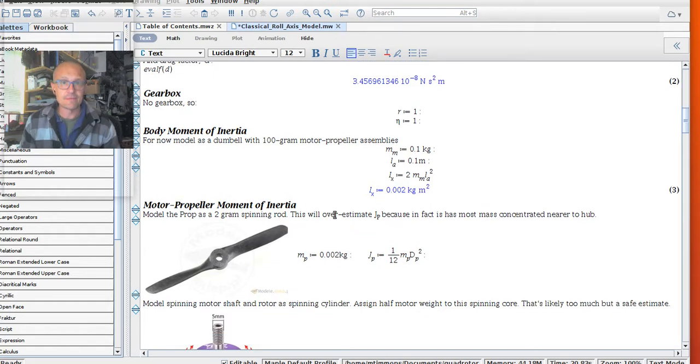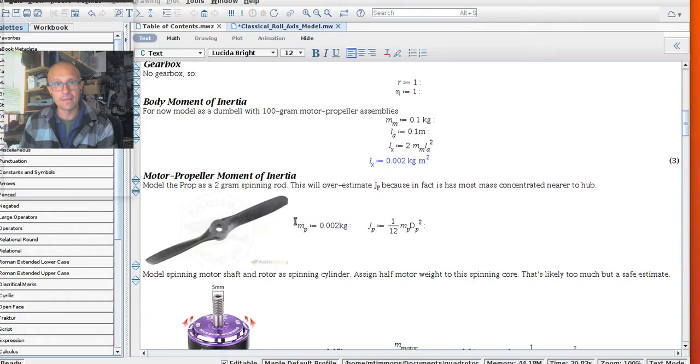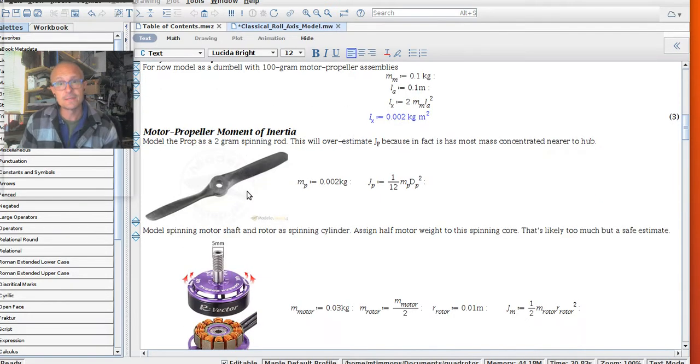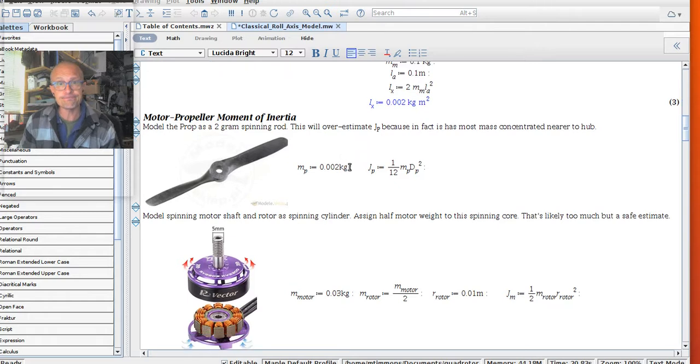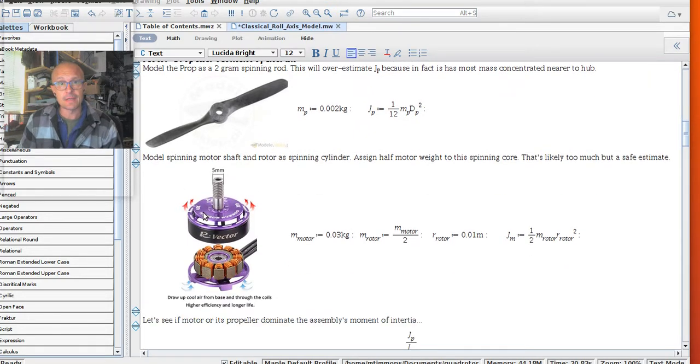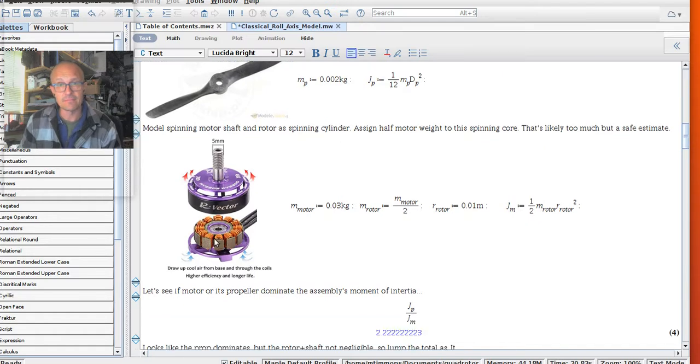Propeller moment of inertia, I just modeled it as a spinning rod. I picked a couple of grams, what, 2 paper clips is 1 gram, right? These are light propellers, so I picked a couple of grams. I looked at these motors and just made some estimates. Given the mass of the motor, most of it's probably in this copper that's fixed in the stator.